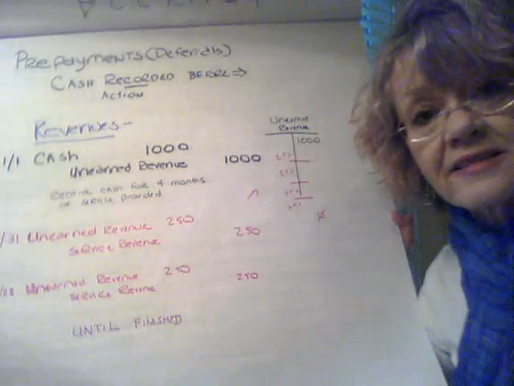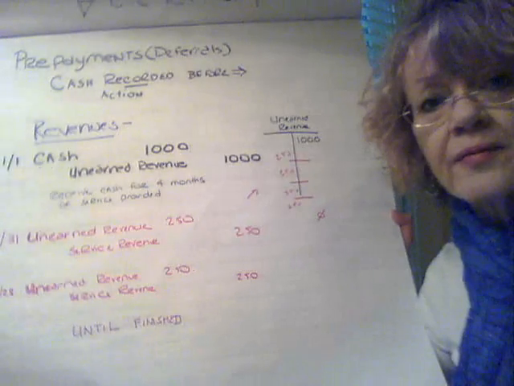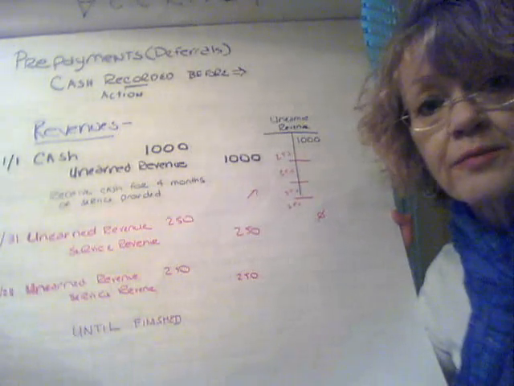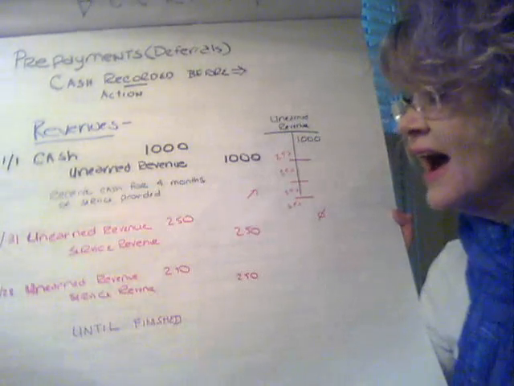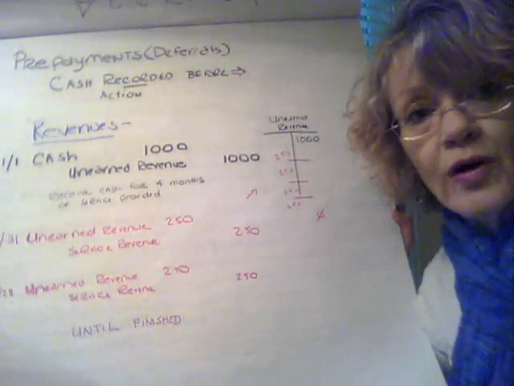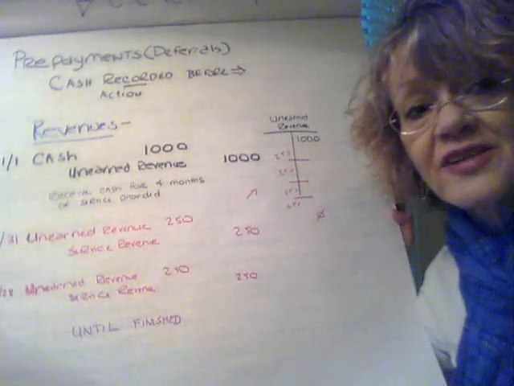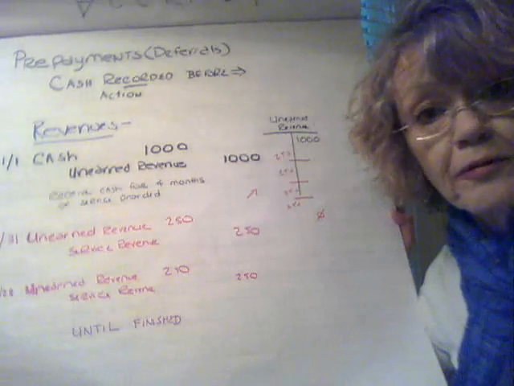Now this is the case, we've talked about this before, when cash comes in, but we haven't done the work. Let's just say we were talking about my having a consulting service, which is great. I love that. So I received cash for 4 months for a service that I'm going to provide to you.